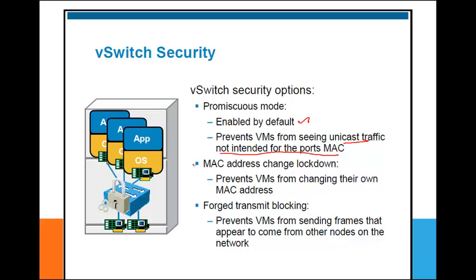Let's say the MAC addresses are A, B and C. If a packet is going from A to C, it will not allow B to see the packet. That's what promiscuous mode does. It won't allow B to look into this frame.